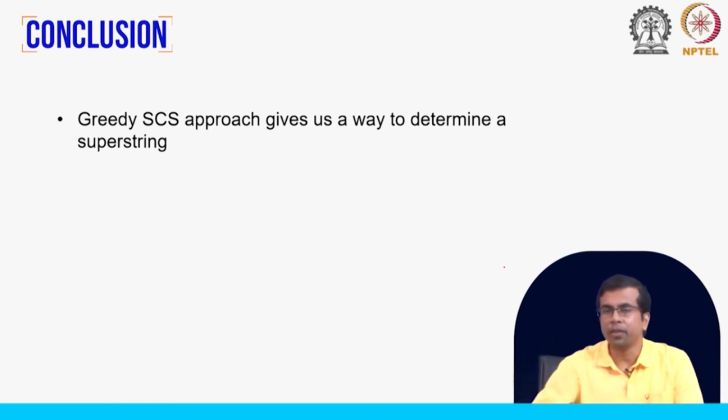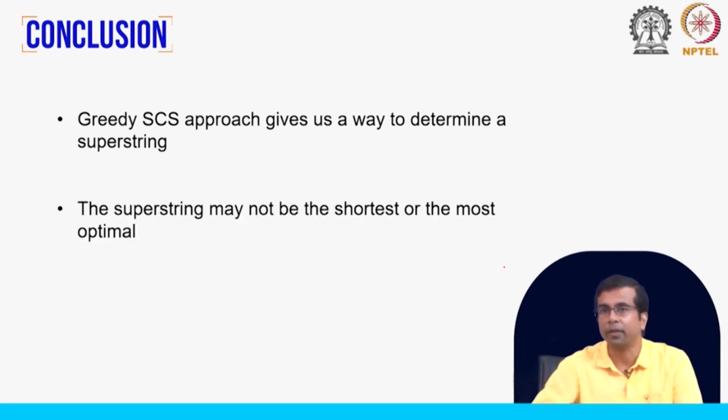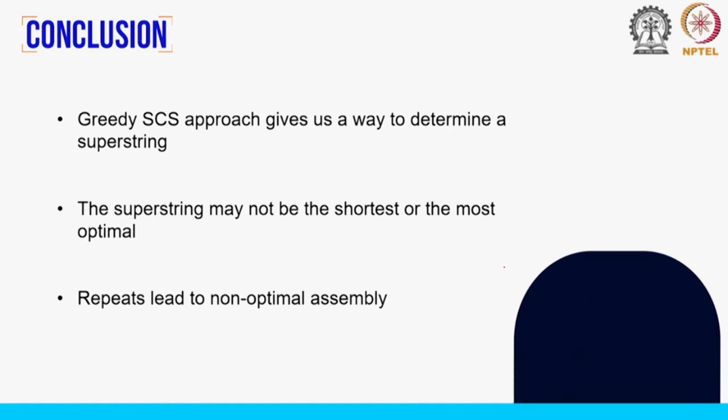When you determine the superstring, it will contain all the reads that are given, but it might not be the shortest or the most optimal or the correct one. We have seen in some examples that these are different from the actual reference sequence. We have also seen that repeats lead to non-optimal assembly, and we need to think about some ways to address this issue. Thank you very much.